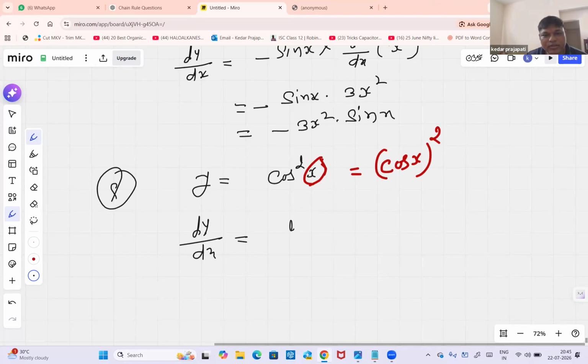This will be 2 cos x, 2 minus 1, into d by dx of inside. Outside is done.